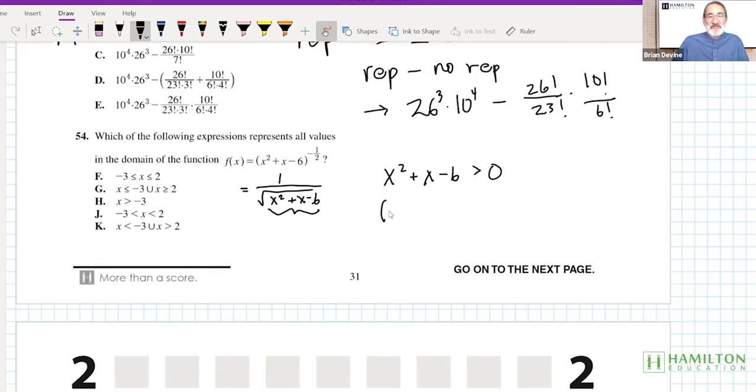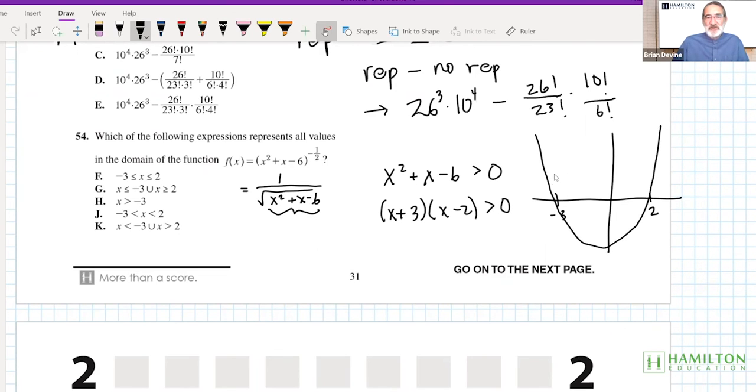Now note that I can factor this, x plus 3, x minus 2, greater than 0. And if I look at that, I know that's going to be a quadratic that goes through negative 3 and 2 and opens up.